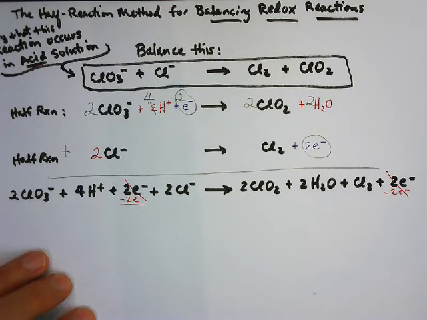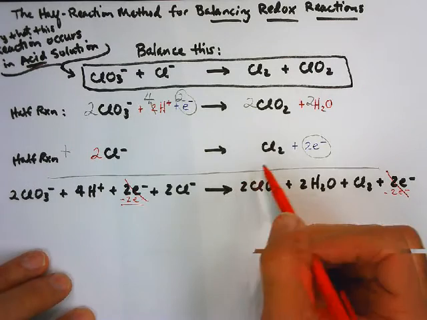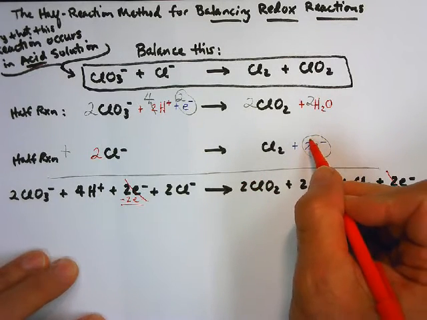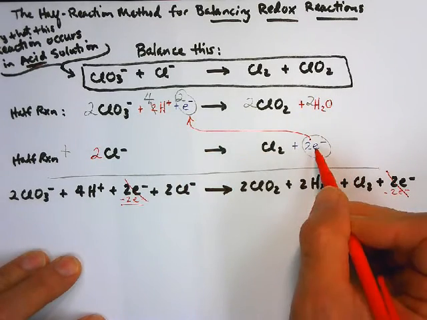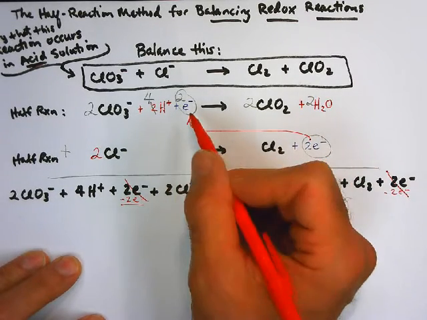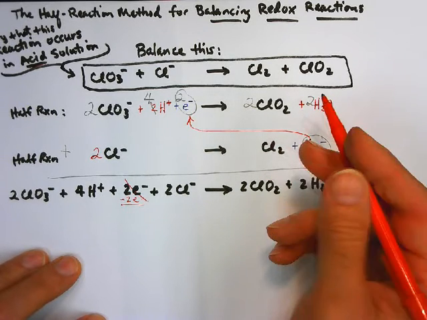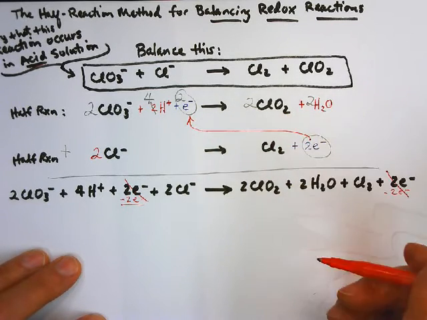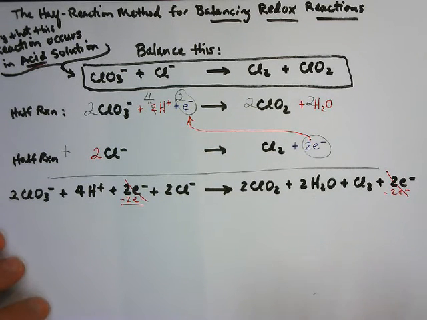The electrons need to cancel out because if you think about it, in a redox reaction, the oxidation half donates its electrons to the reduction half reaction, and so the electrons are basically used up, if you want to call it that, and taken in to these compounds. So there aren't any excess electrons left over.